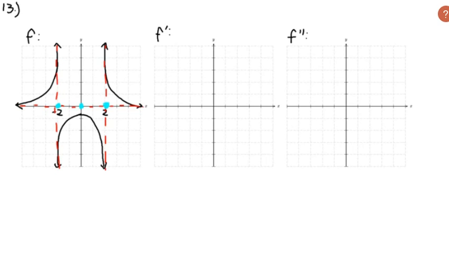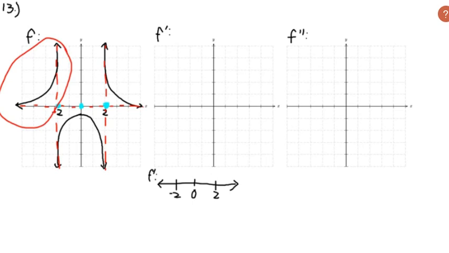So making a test interval for f prime, we plug in the points for -2, 0, and 2. To the left of -2, you can see that the function is positive.